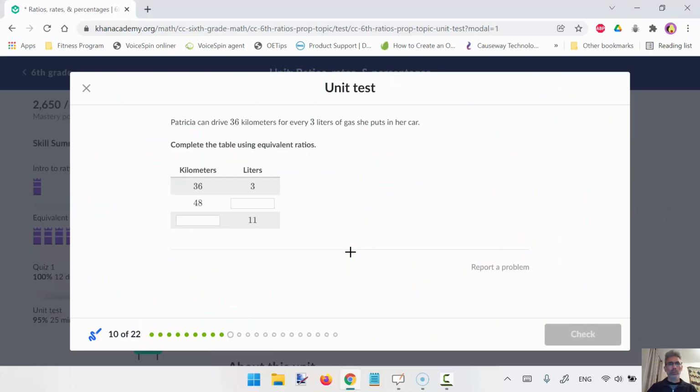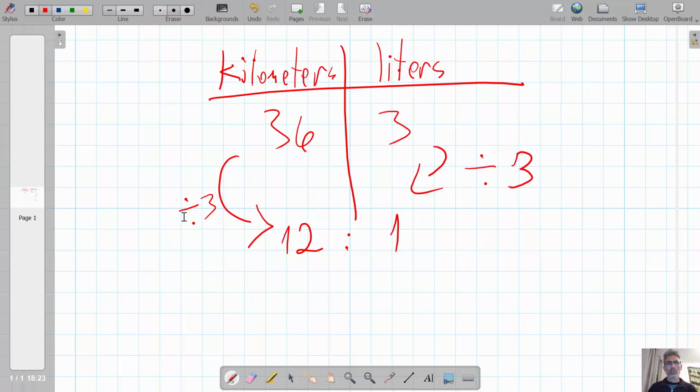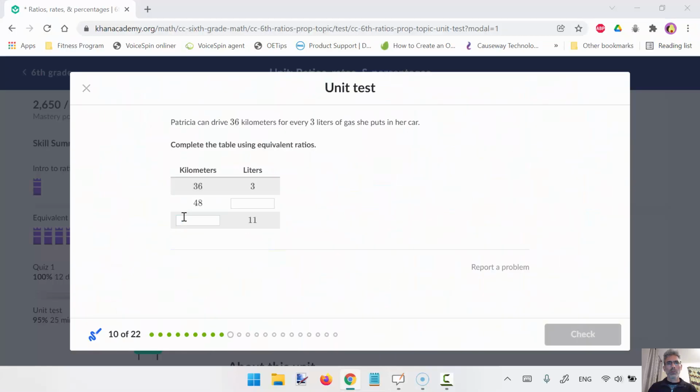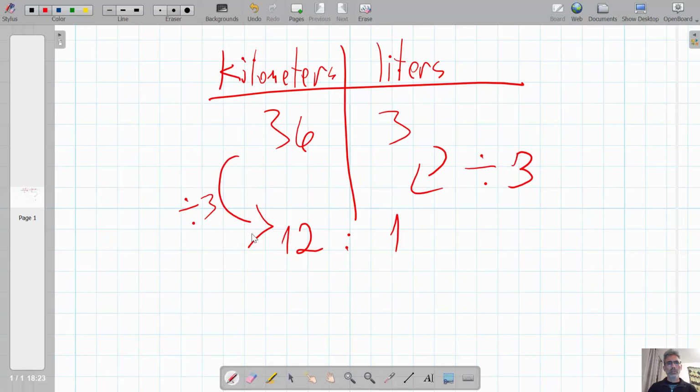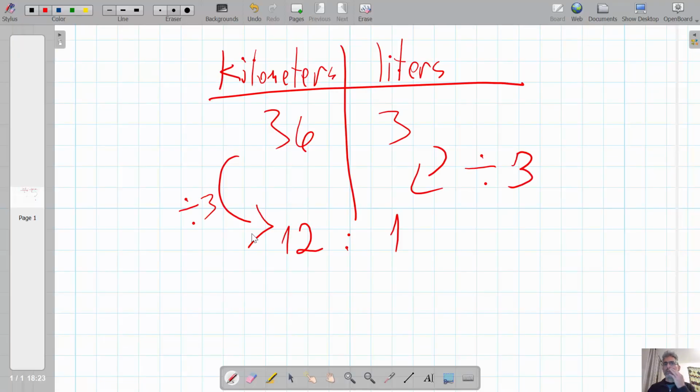This is the ratio. Okay, 3 to 36. 11 liters. So 1 times 11. 12 times 11.